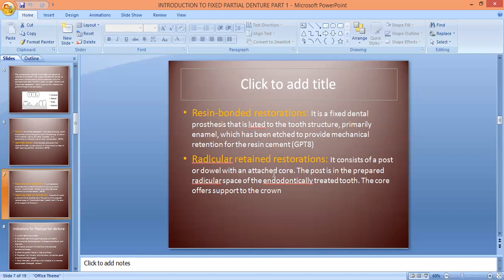Radicular retained restoration: from the term itself, it's understood that this restoration has to get some support from the root. It consists of a post or a dowel with an attached core. The post is prepared in the radicular space of the endodontically treated tooth, and the core supports the crown.